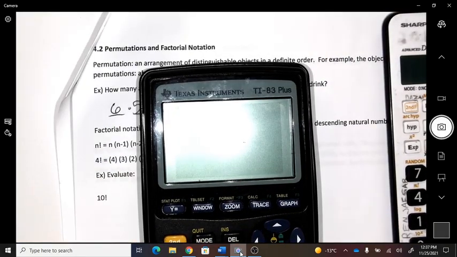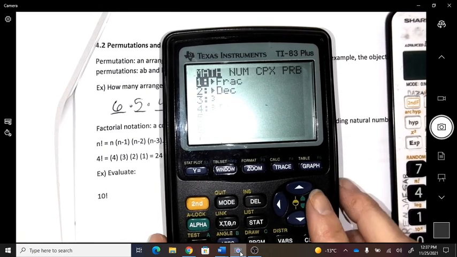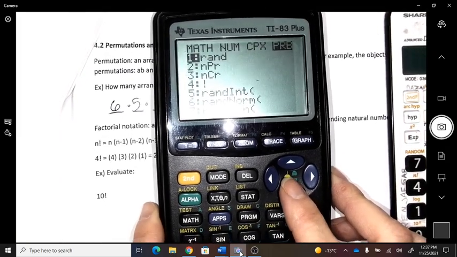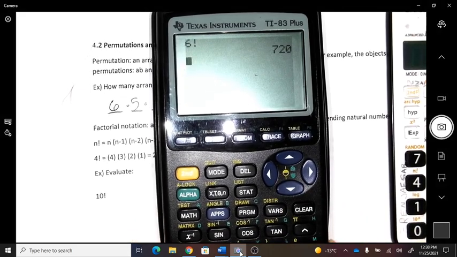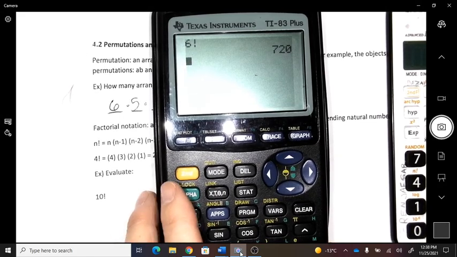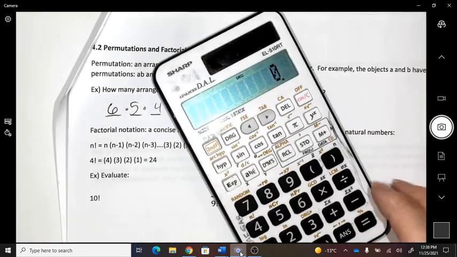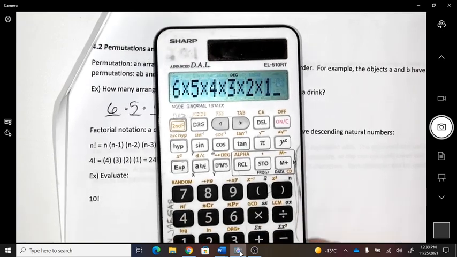On your special calculator, you have to go 6, then the math button, then over to probability, and then to your exclamation point. See how that's a lot longer than a regular calculator? It's possible, but it's going to be harder.